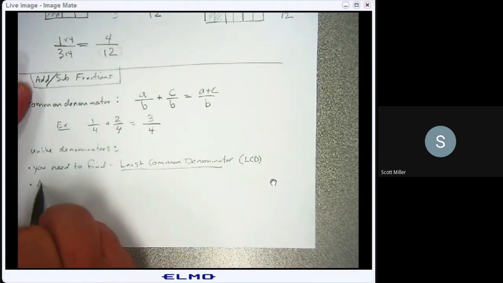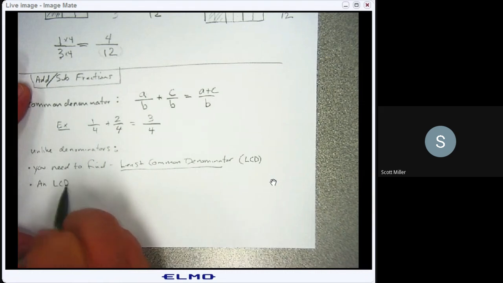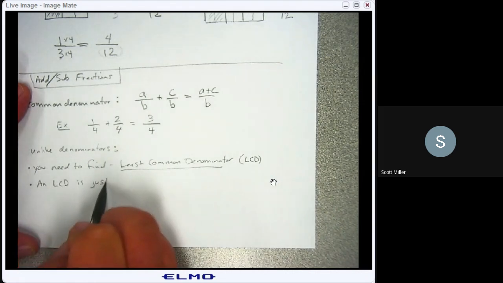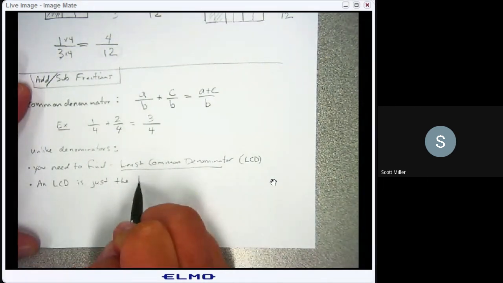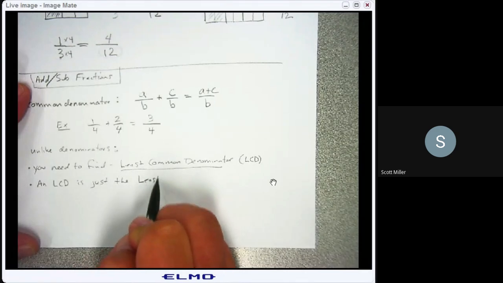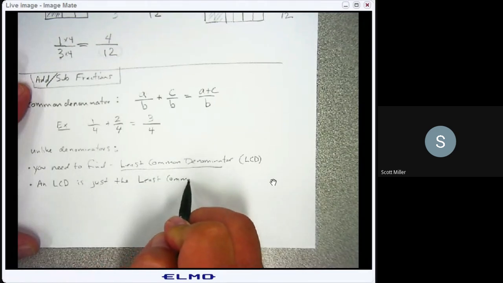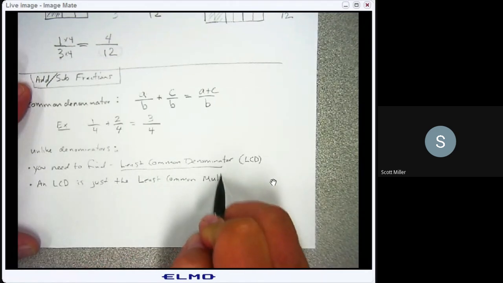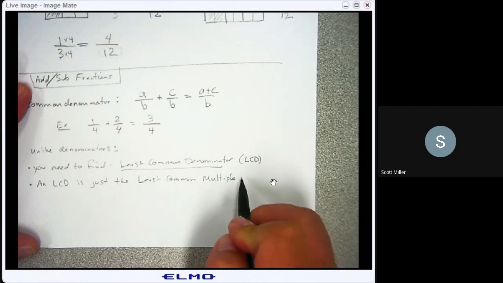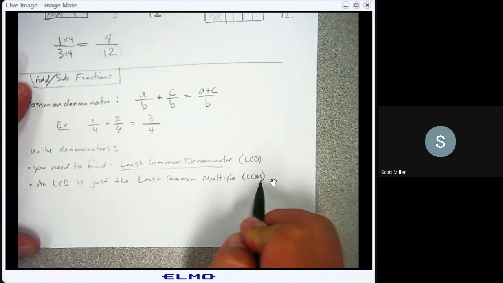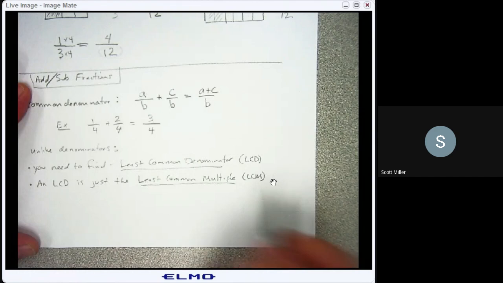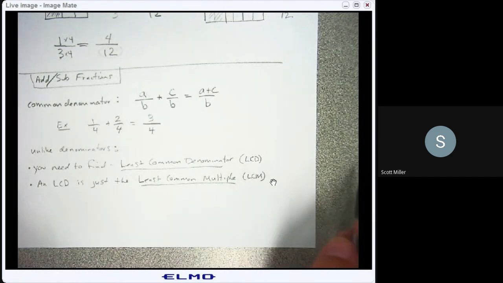So an LCD is just the least common multiple. LCM. Oh my gosh. What's that? More acronyms, more things to remember. Well, what is the least common multiple?